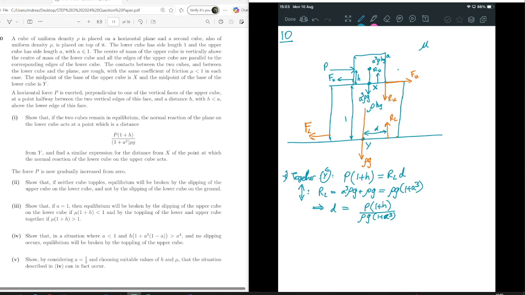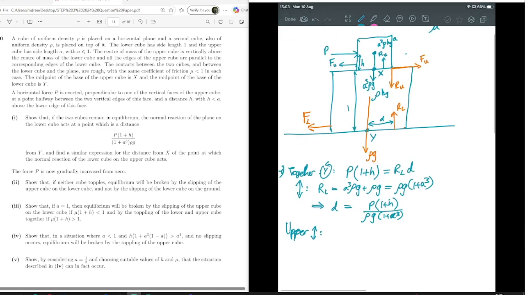So now we want to find a similar thing, but for the top cube. So if we do the upper only, and I'm actually going to do them in a slightly different order. If I look at the upper only, so I'm only looking at the blue arrows in my picture, and this time I'm wanting to find the distance there. Up equals down says that the reaction force U is equal to A cubed rho G, and if I take moments around X, the FU force, the frictional force, is irrelevant.